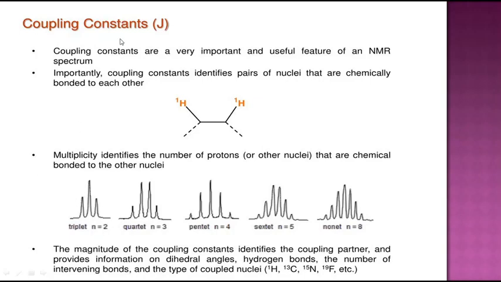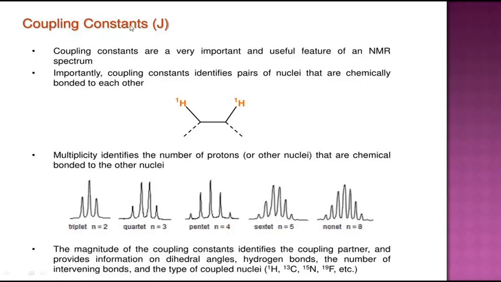That's why it is called the coupling constant. It is for one signal, not for multiple signals; the distance will be different for another multiplet. But within a multiplet, the distance between each node will always be constant. That is called the coupling constant.